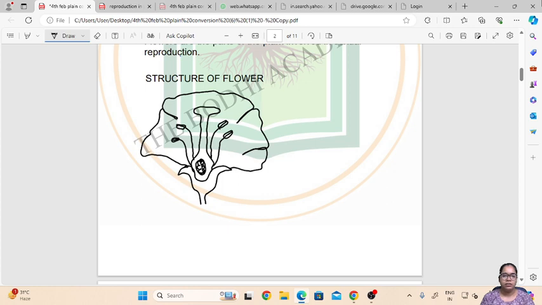A flower consists of various parts. The first part is the base, and this is called the sepal. These are the petals of the flower. This is the ovary.